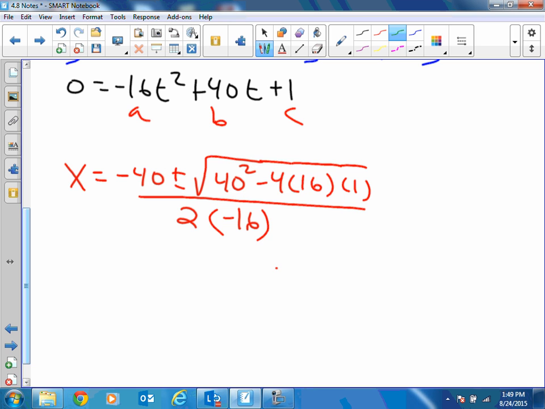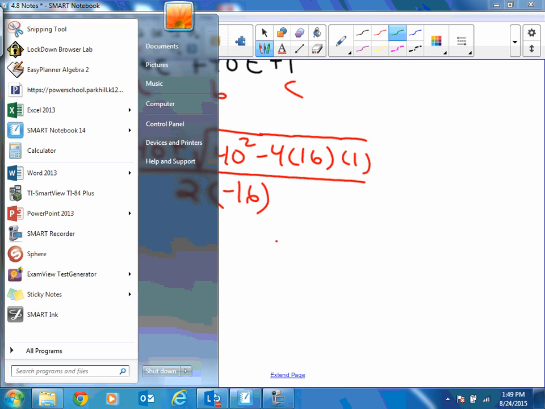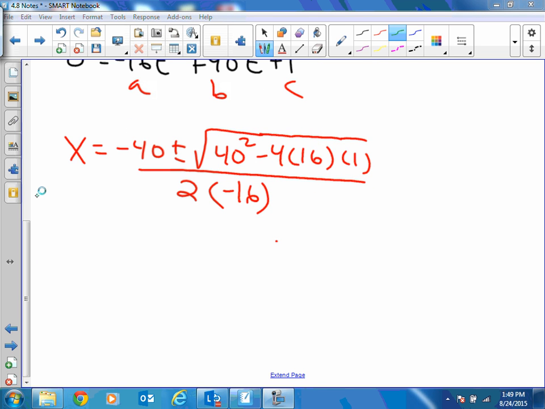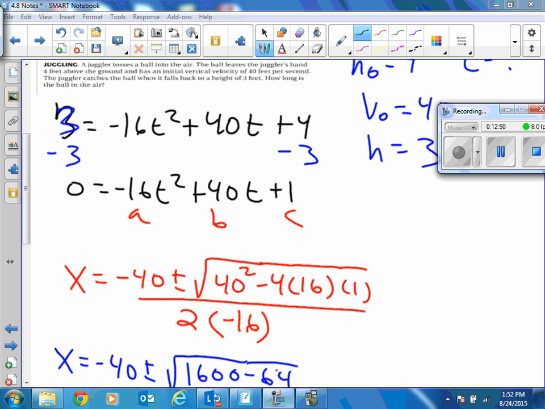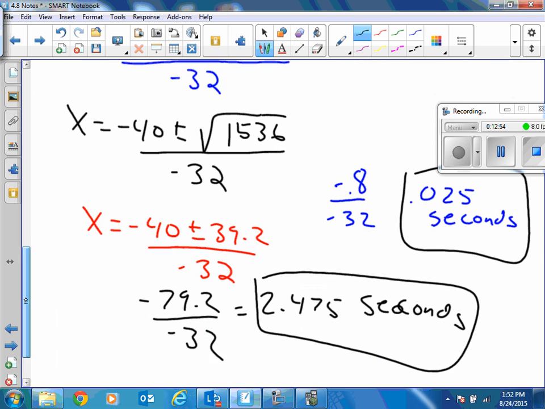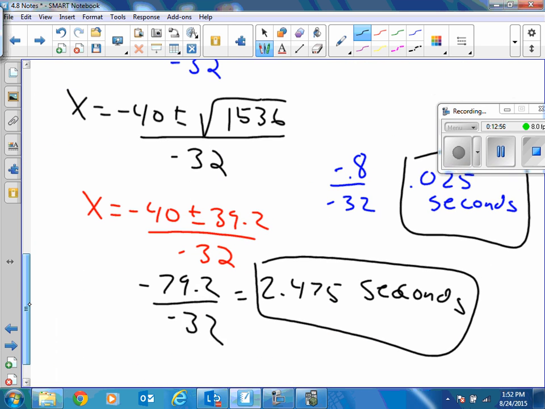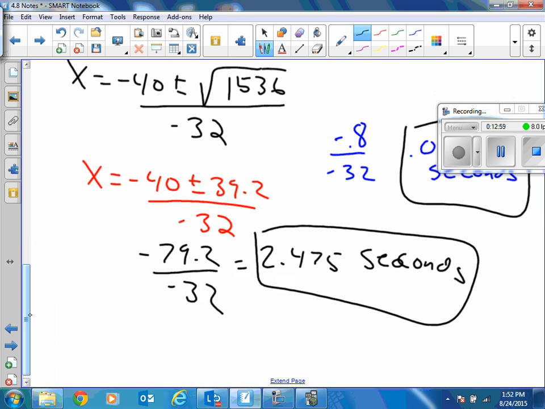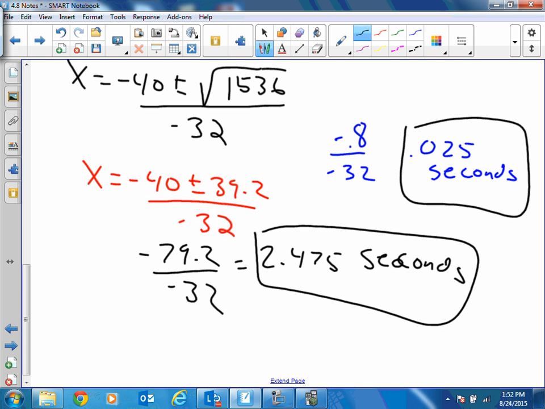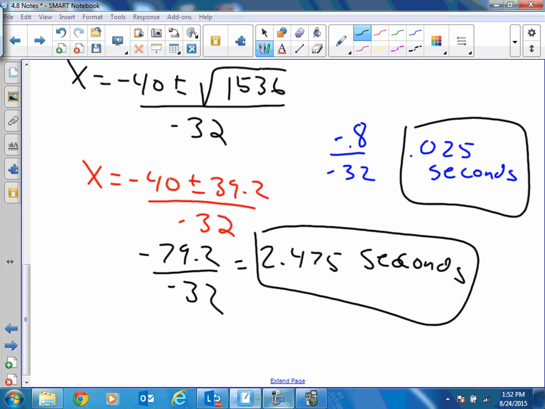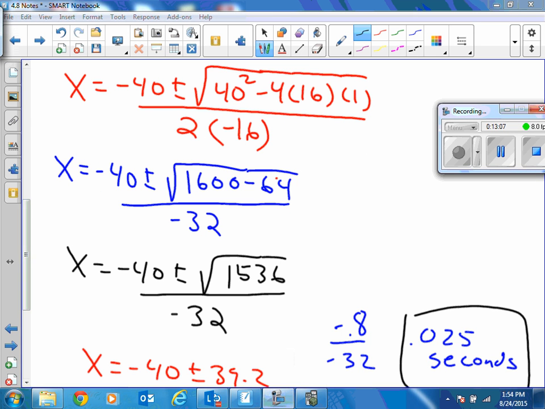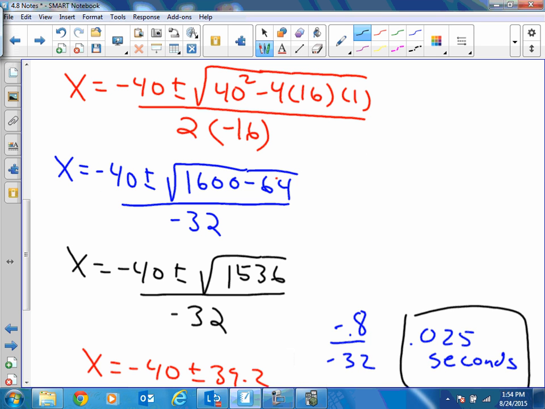Okay, so then we keep going, and we start cleaning that up. All right, check that. It should have been easy to make mistakes here.